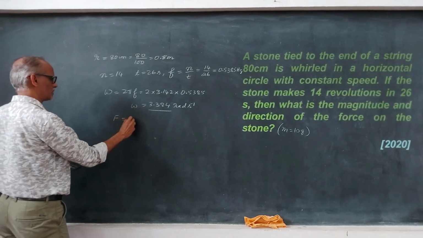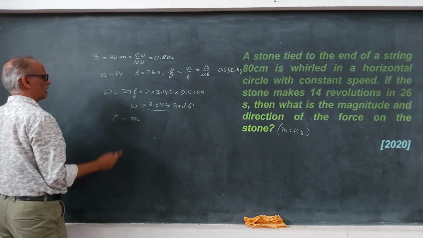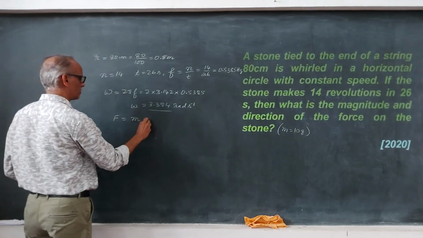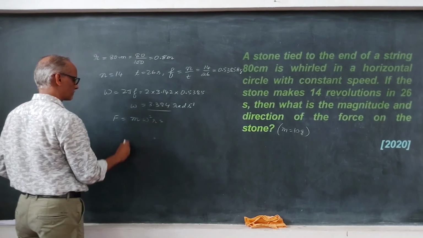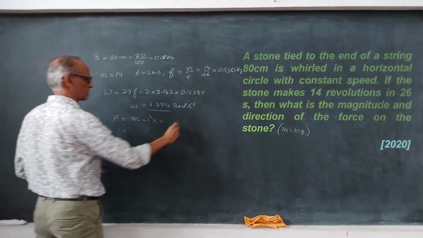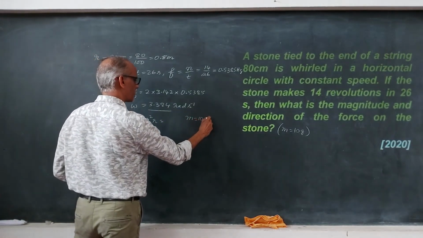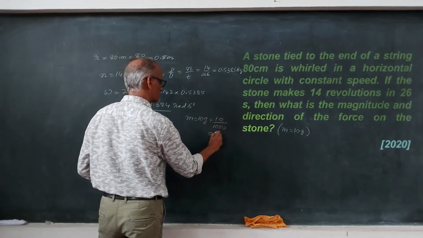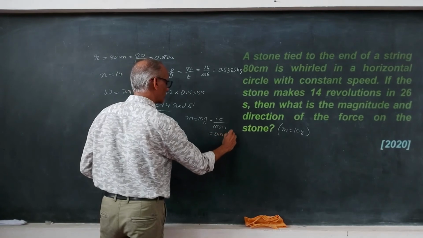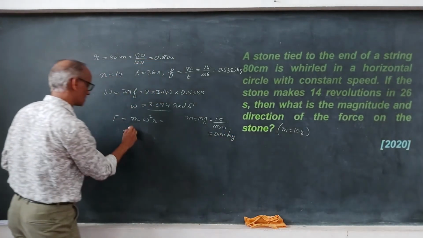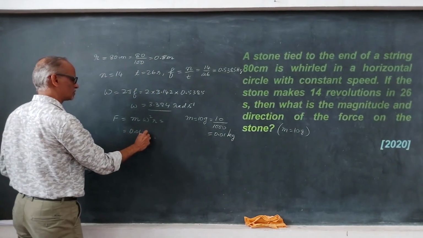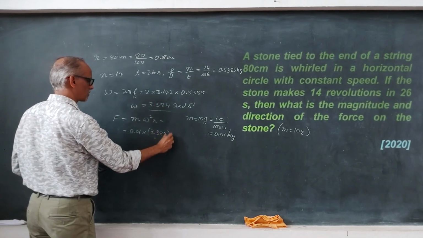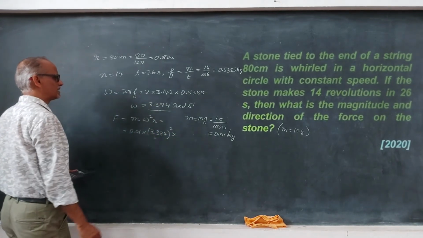Force is equal to mass into acceleration. We know the value of omega, we know the value of r, so I can use m omega square r. Mass is 10 gram, we have to do the conversion. It's 10 divided by 1000, which is 0.01 kg. So that's the mass, 0.01 kg, into the value of omega, 3.384, squared, into the radius.